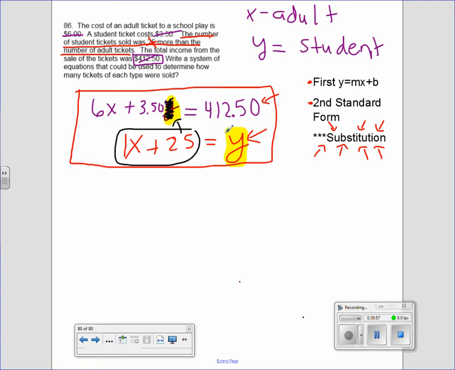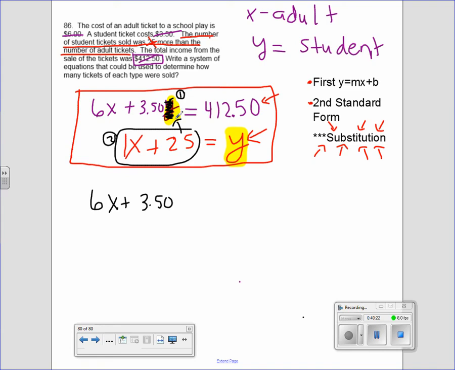I know in some other classes you talked about player 1 and player 2. So here's player 1. Player 1 gets injured. Here's player 2. So player 2 has to go in its place. Player 1 is going to leave the field and player 2 is going to come in its place. So let's go ahead and write that out. 6x plus 3.50.